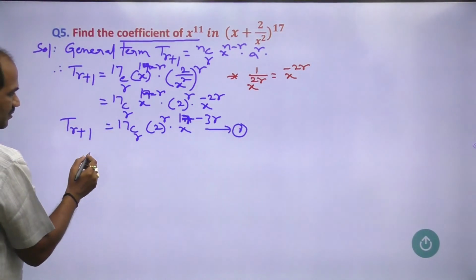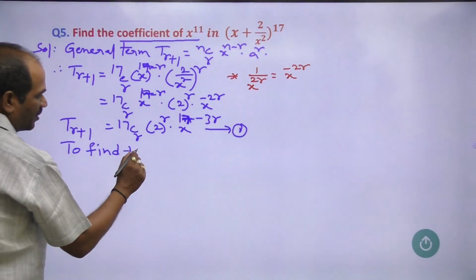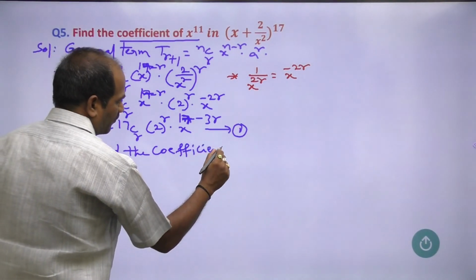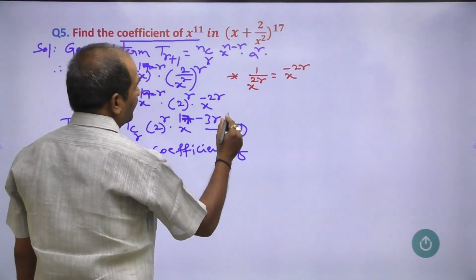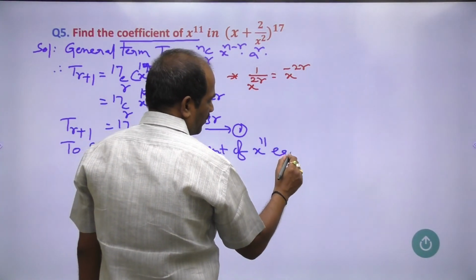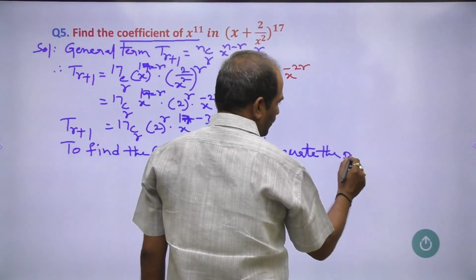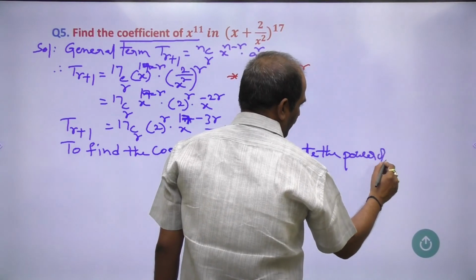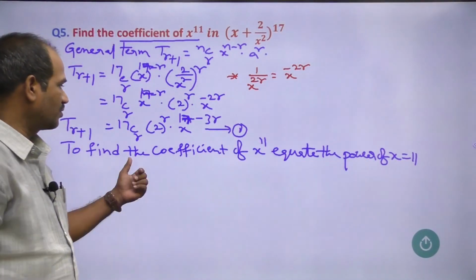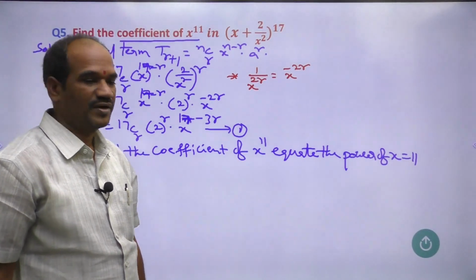Alright. To find the coefficient of x power 11, equate the power of x to 11.